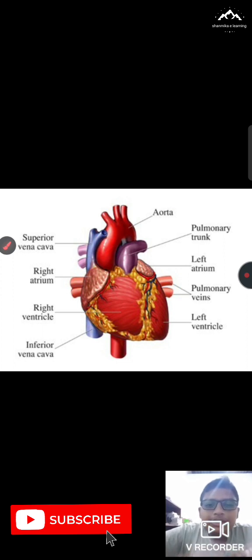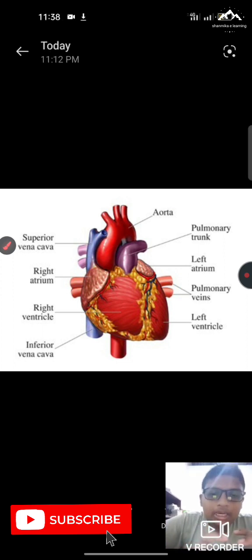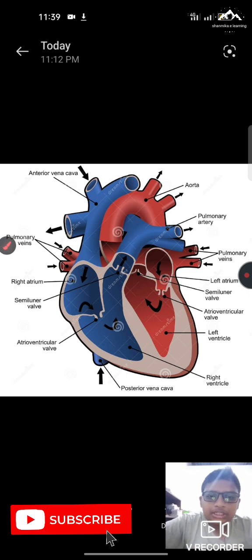Arteries take blood from the heart to the organs. Veins take blood from the organs to the heart. You can see from this here also, the arrows are coming to the heart on the blue color side. On the red color side, arrows are going out of the heart.